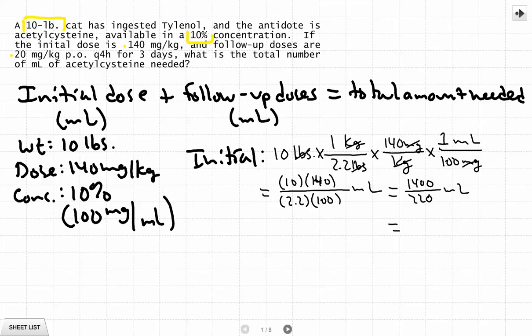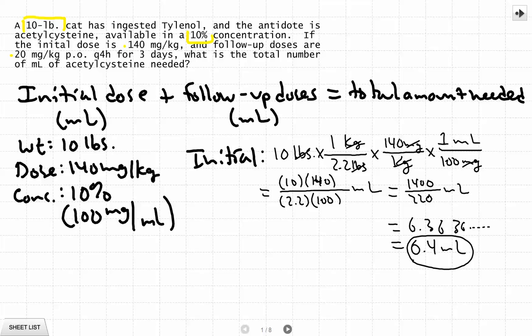So when we do the math here, 1400 divided by 220 is 6.3636, etc. So let's call this 6.4 mLs. And we're going to need to remember that because that will be part of our final answer. So the initial dose will be 6.4 milliliters.